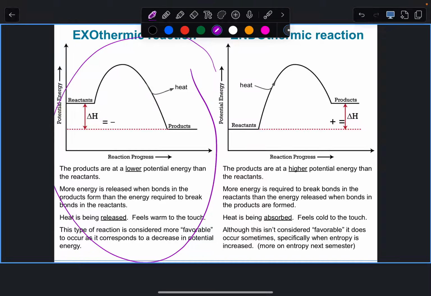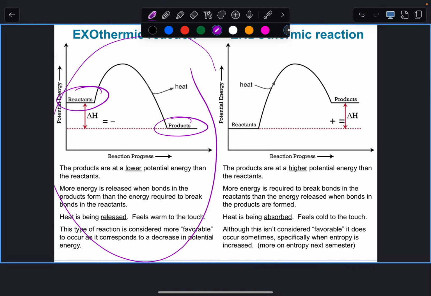This is just like we saw before; we're just applying it specifically to enthalpy now. If the reactants are at a higher potential energy and go to a lower potential energy, that difference in energy, specifically heat energy right now, is equivalent to the enthalpy, whether that's 10 joules or 1,000 joules. And because the heat has to be given off for that change to occur, the enthalpy value is going to be negative.